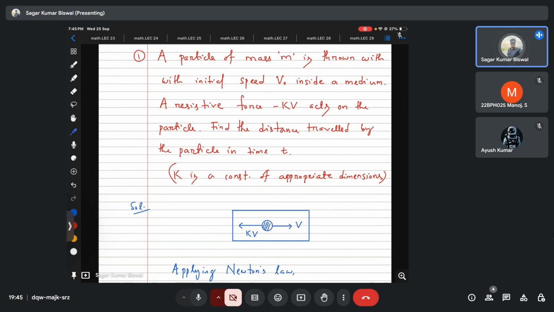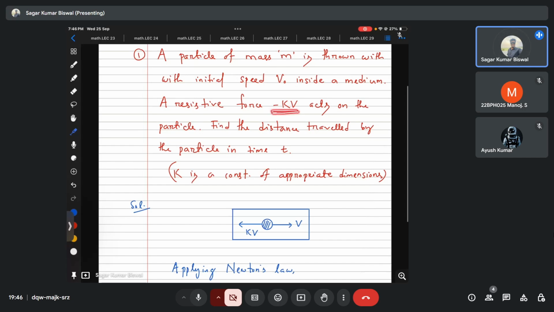And what is the magnitude of this frictional force? It is kv, right? It is proportional to its velocity. If the particle's velocity increases, then the frictional force acting on the particle will also increase, right? That is the meaning of this resistive force.